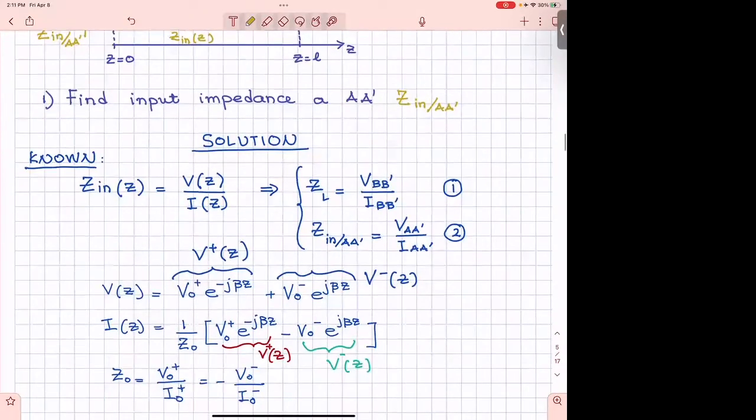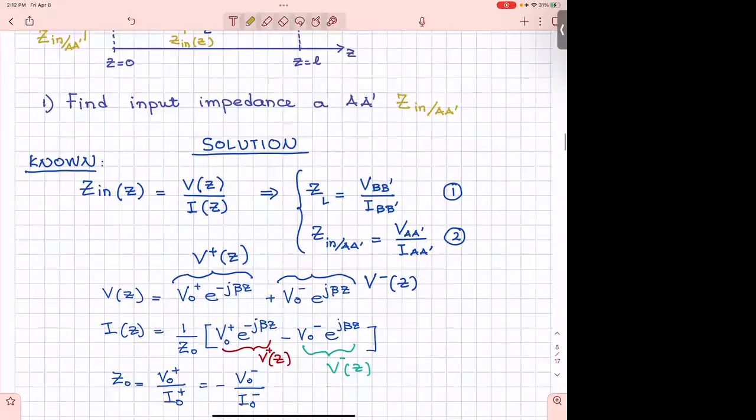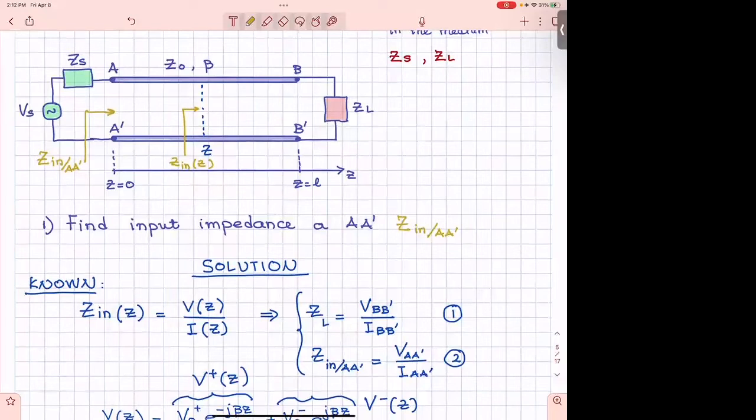Because they are at particular points, I put the two nodes, V at BB prime, I at BB prime, so I don't have any questions about where this voltage and current is. Okay. And the input impedance at this point, AA prime, which is right here, is the ratio of the voltage at AA prime divided by the current at AA prime.